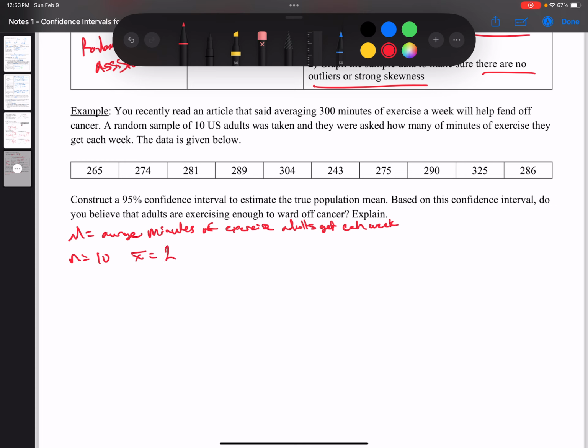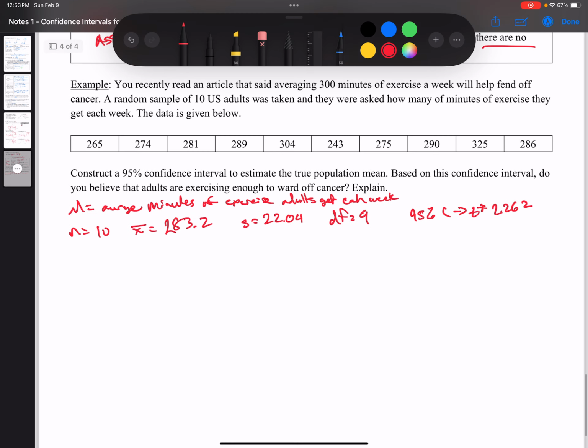You just have to say it. So in this case, we get 283.2. Our standard deviation is going to be 22.04. Our degrees of freedom is 9, n minus 1, so 10 minus 1 is 9. And a 95% C is going to give us a t star, or inverse t for this one, of 2.262.